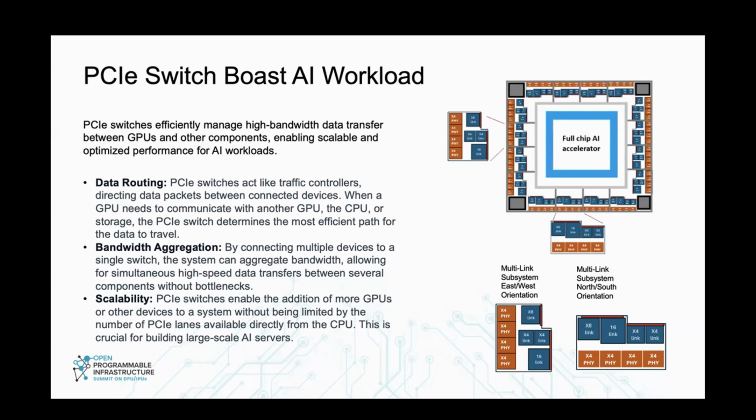And here, before moving on to the next slide, when I talk about multi-link subsystem, as I showed in my previous table, I have X16 link, X8, and X4 link. And I explained that I would like to always operate in the X16 link configuration. So here I have some implementation challenges in this kind of floor planning, where all the PHYs are stacked vertically, and I have controllers which are sitting on the right side.